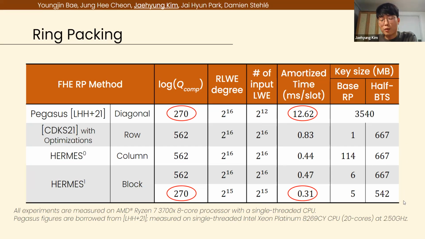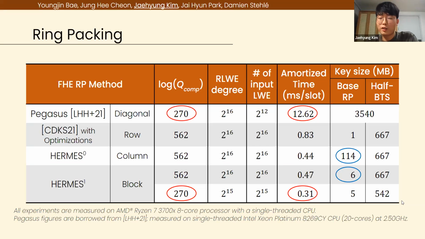The second thing I want to point out in this table is the comparison between the column method and the block method. The main purpose of our method was to decrease the key size, and this is actually checked with the experiments. The base ring packing key size of the column method was 114 megabytes, and it was 6 megabytes for the block method.